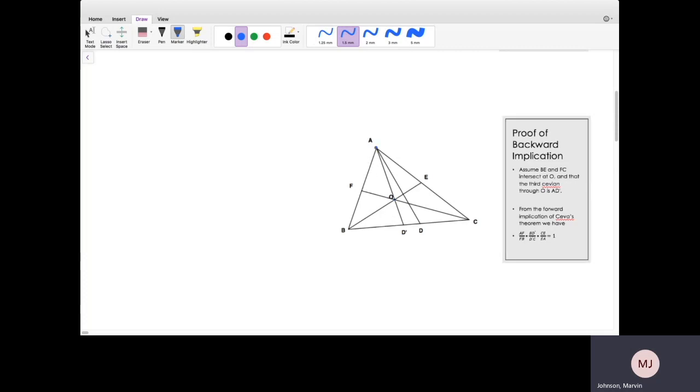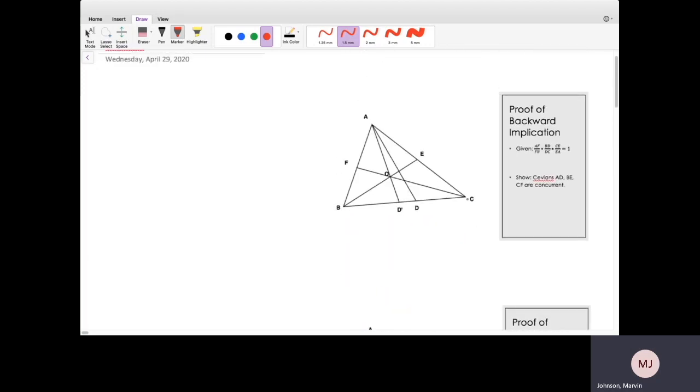So AF over FB times BD prime over D prime C times CE over EA is equal to 1.